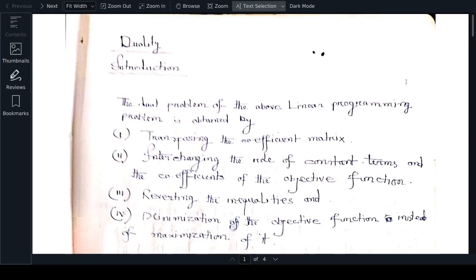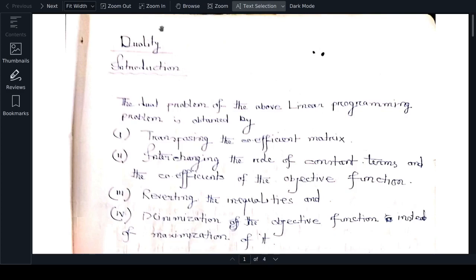Clear? It means that when one problem is given and we write its dual, first you check whether the given problem is in standard primal form or not. The given problem is called the primal, and when we convert it, we get its dual. But before converting, we first check whether it is in standard form.